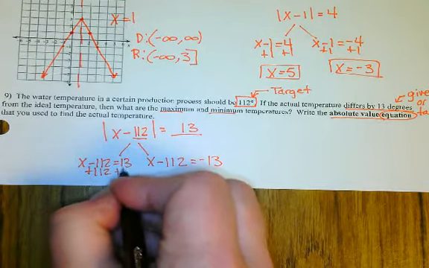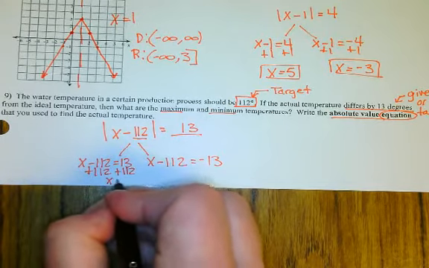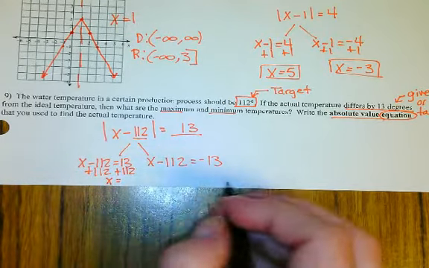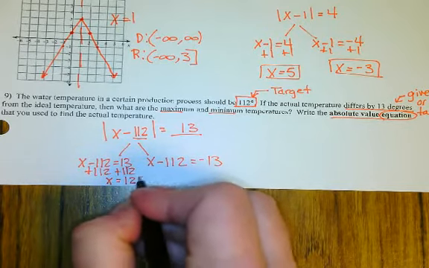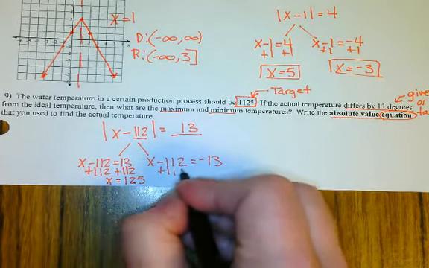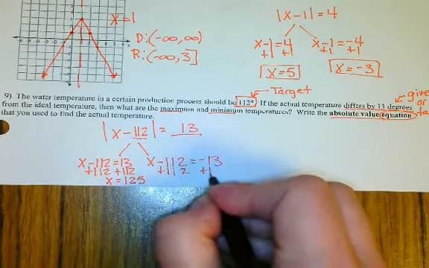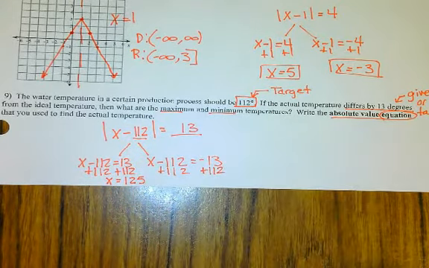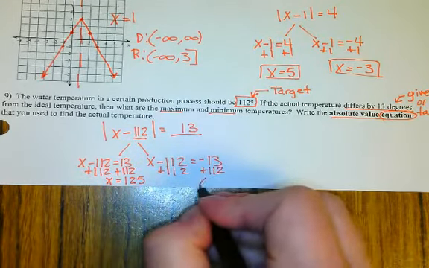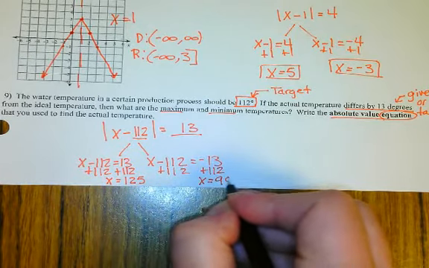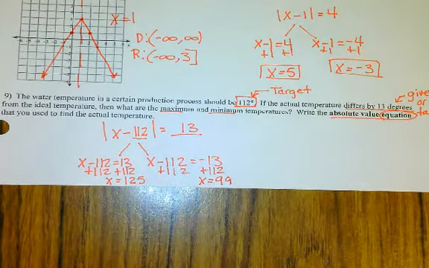So if I add 112, I'm going to have x equals 125. And then over here, if I do the same thing, I'm going to end up with x equals 99.